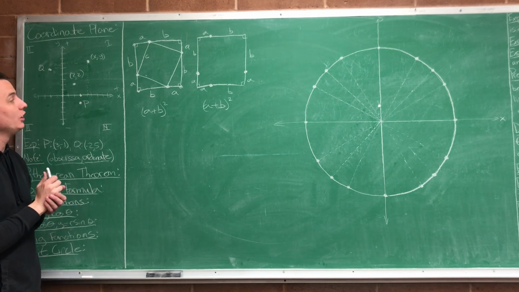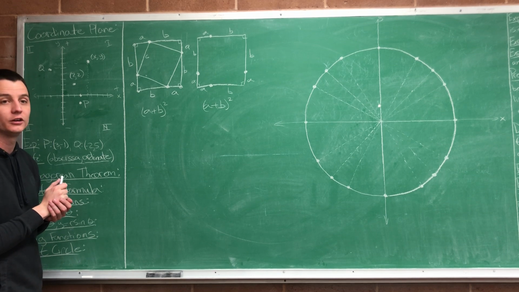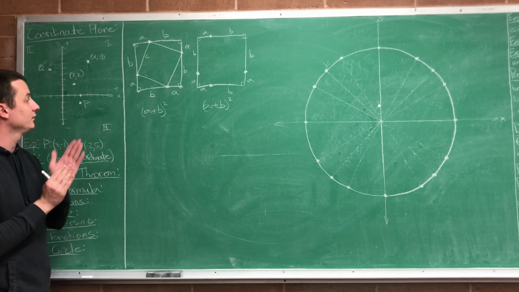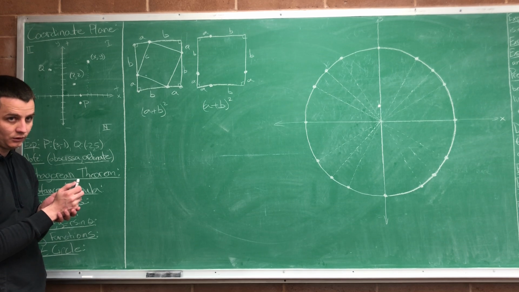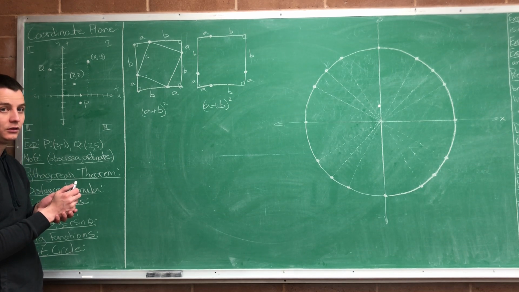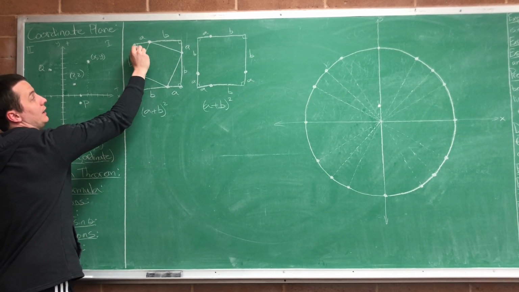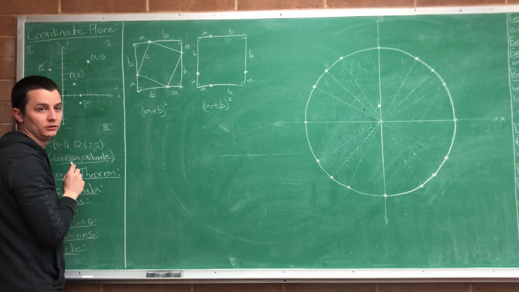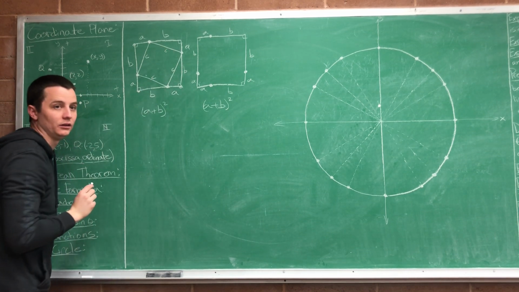Going back to geometry, one of our congruency theorems is side angle side, right? If two triangles have the same side length, the same middle angle, and the same side length again, the two triangles are congruent. You remember that? Have you gone over that? Okay, so then this triangle, notice it has A, right angle, B, A, right angle, B. So this triangle is congruent to this triangle, which means that this is also side length C, and this is also side length C, and this is also side length C.